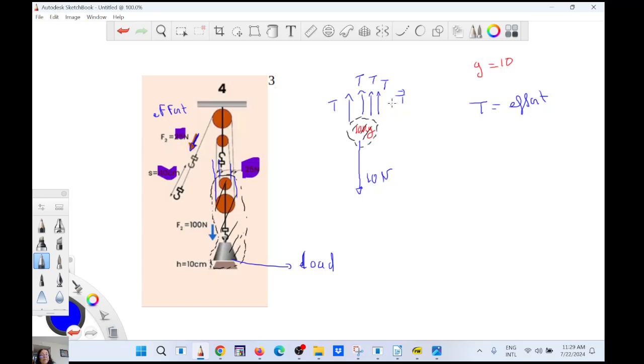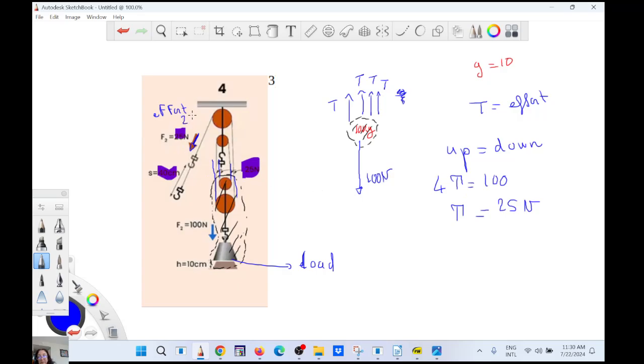Okay, so then you can use, it's in equilibrium. Up equals down. There is no acceleration. So 4T equals 100 Newton.